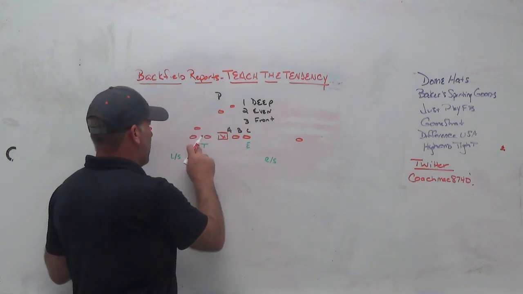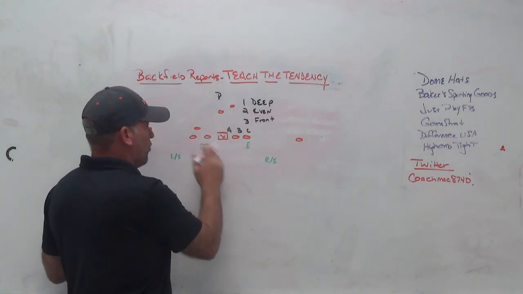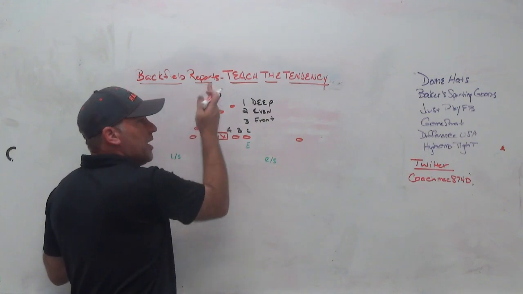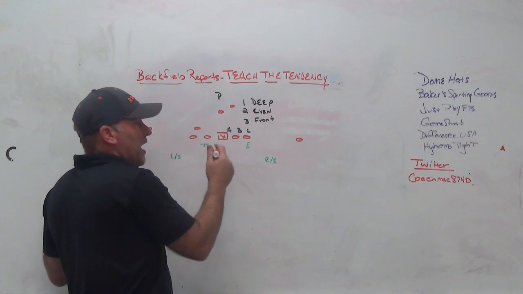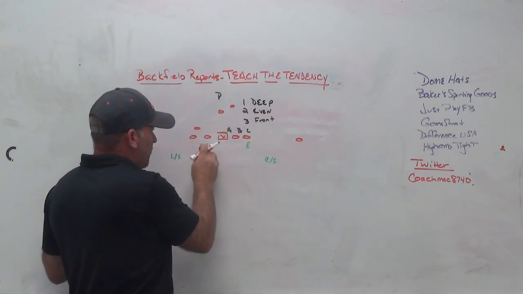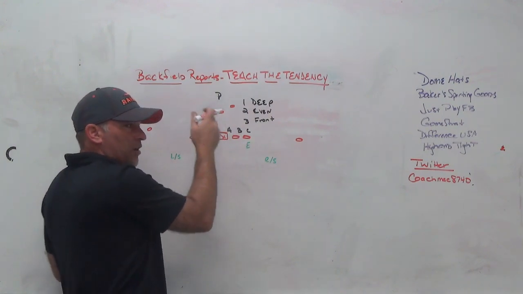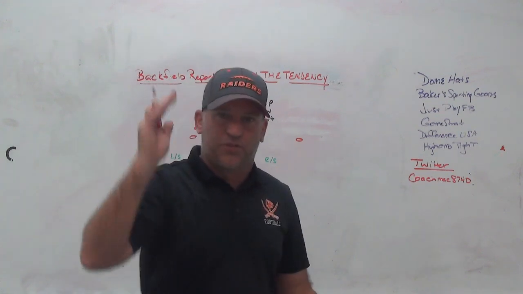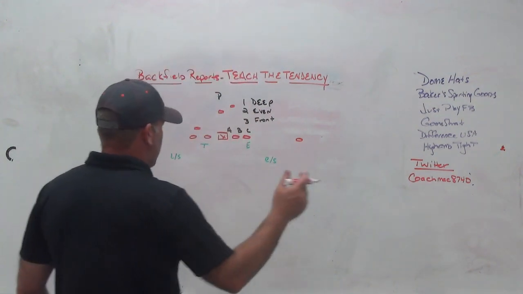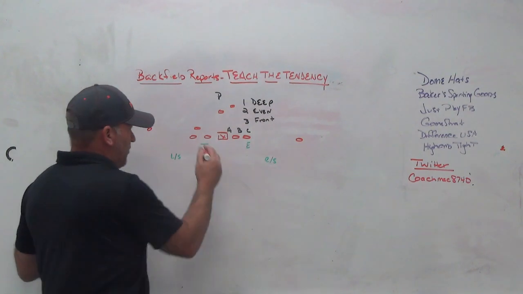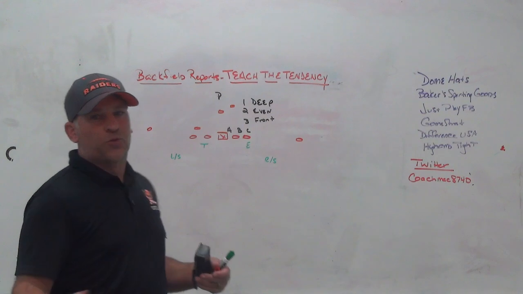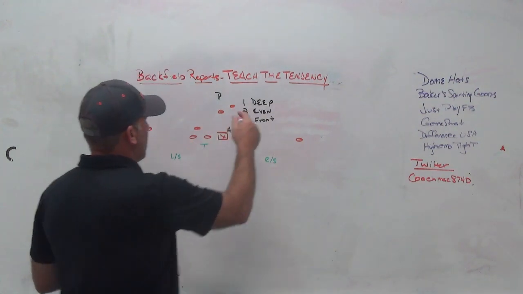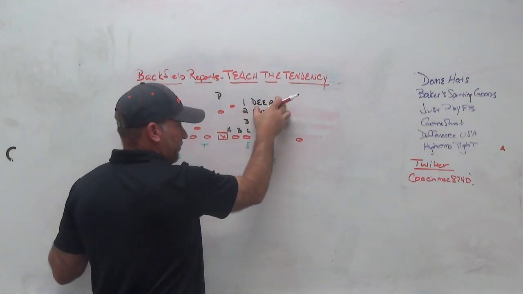Well, if you're worried about him getting double teamed, and he's a quicker kid, you may loosen him up and try to split the double team. Depending on how you teach your kids to play doubles, you may want them to be thicker on the first block or the post block to beat the double team, or a little bit looser so maybe the tackle can't climb. Whatever your theory is, you can build it in based off the backfield sets.